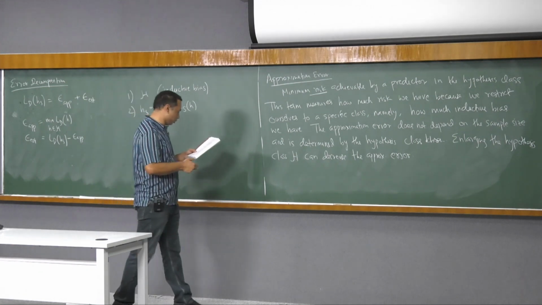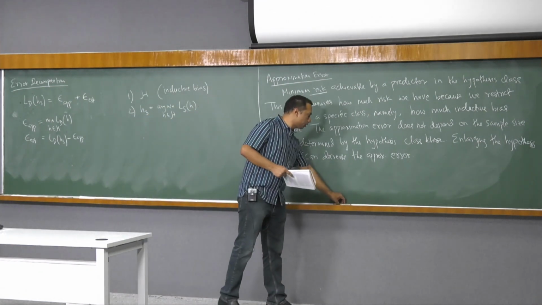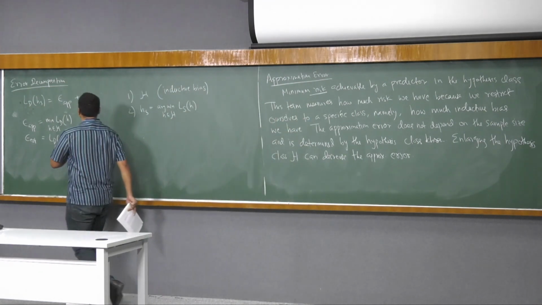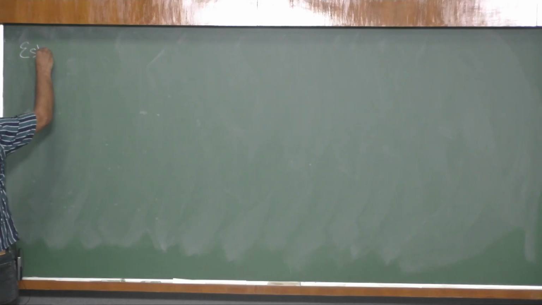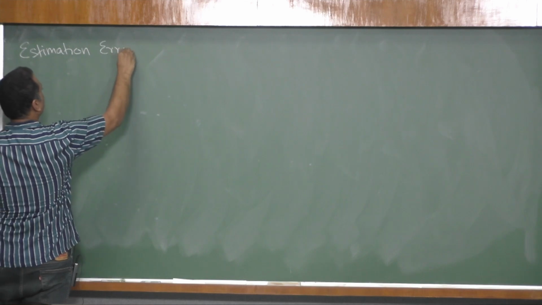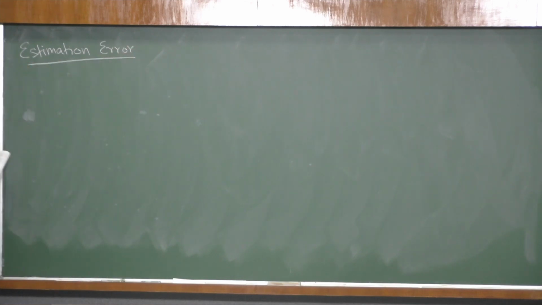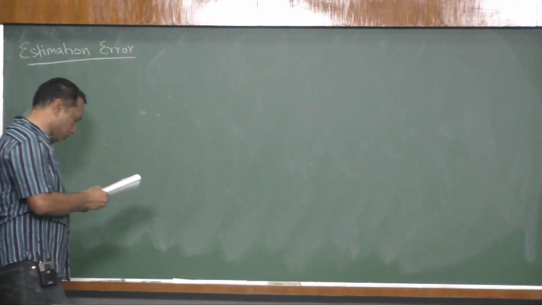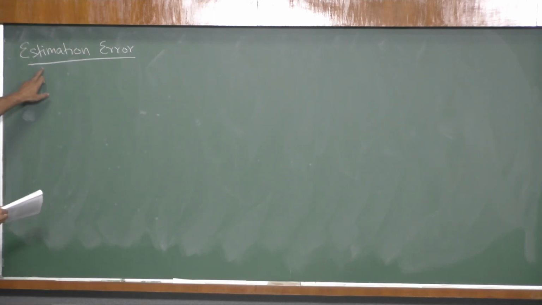Now let us look into something called estimation error, which we have written here as epsilon est. As we have seen, it is defined as L_D(h_S) minus epsilon approx.